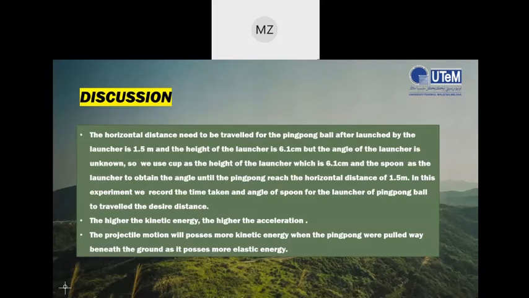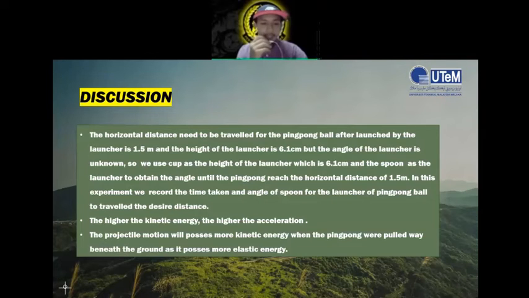Thank you, Daniel, for your explanation about the calculations. I will talk about the discussions for this project. For the discussion, the horizontal distance to be traveled by the ping pong ball after launch is 1.5 meter, and the height of the launcher is 6.1 cm, but the angle of the launcher is unknown.